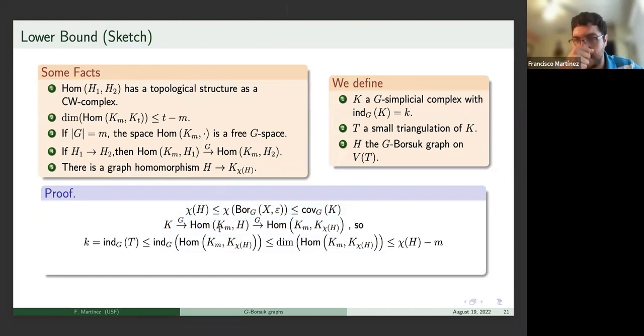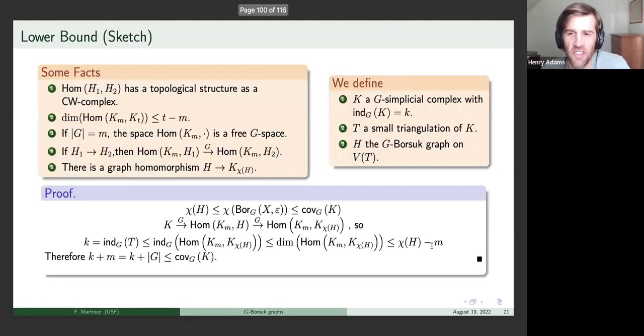Once we do that, just applying the properties of the G-index gives us the bound, because the G-index of K was k. Then that has to be less than or equal to the G-index of this, because we have a G-map. That has to be less than or equal to the dimension of this. And that dimension we know is at most the chromatic number of H minus something. So that gives the theorem.